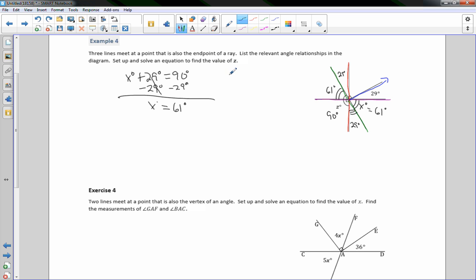But I want to find Z. And Z equals the 90-degree angle that's marked here and the 61-degree angle we found by doing the vertical angles from here. Okay, so Z equals 151 degrees. And that is what they asked for.